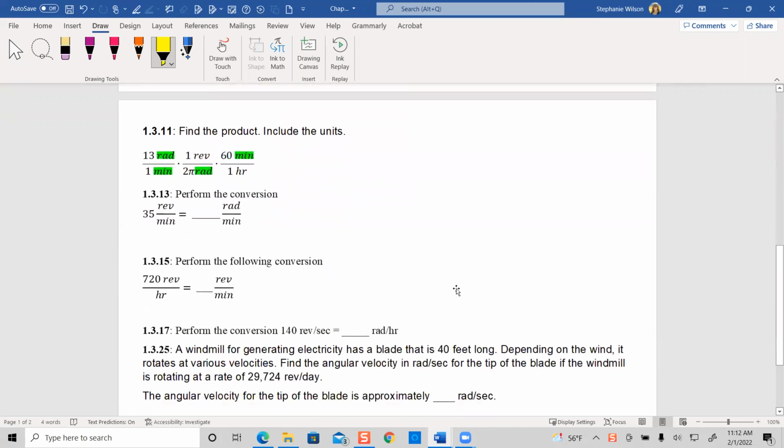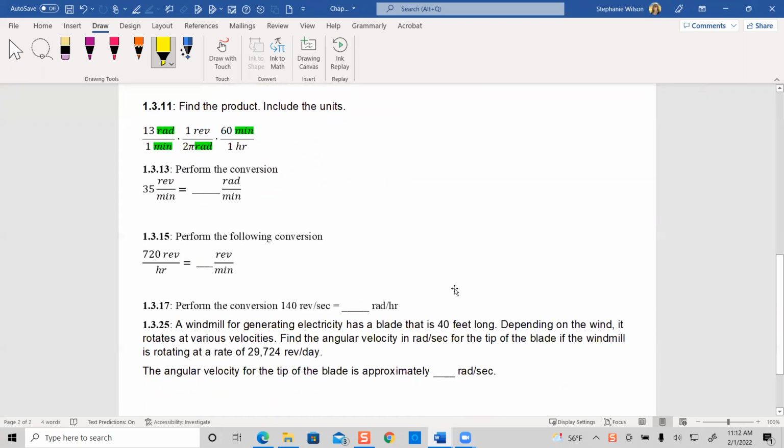So let's solve. On this first one, we're going to find the product included. Well, this is set up for you. We need to know that every 1 revolution is equal to 2 pi radians, which makes sense. 1 revolution is 1 complete circle, and the end of the circle is 2 pi. We also know that there are 60 minutes in an hour.